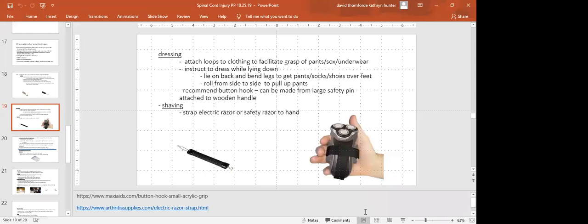Okay. So let me ask you, how many of you who are on this call have had some active work with people with spinal cord injuries? I have some, but I can only think of two.